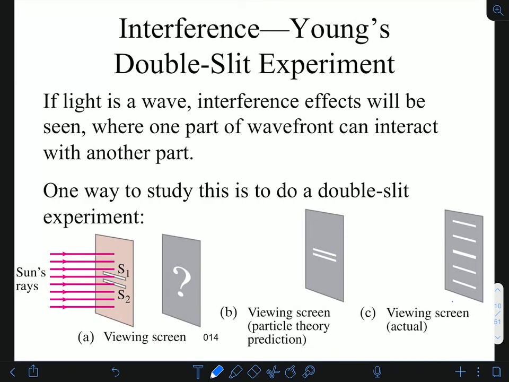Let me introduce Young's double slit experiment, and here's how it goes. Young took a piece of cardboard, essentially, made 2 openings or 2 slits, very small, very close together in this cardboard, and then shone the sunlight on it. The question is, what would you get? Normally we would say, there's 2 apertures, so we're going to get 2 lines on the board, which is what you might expect.